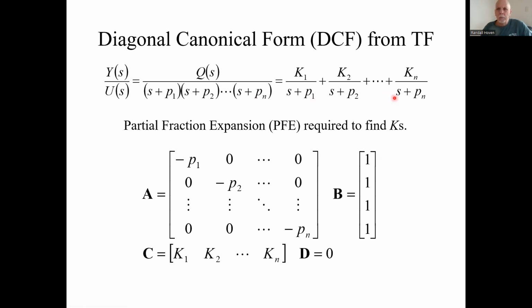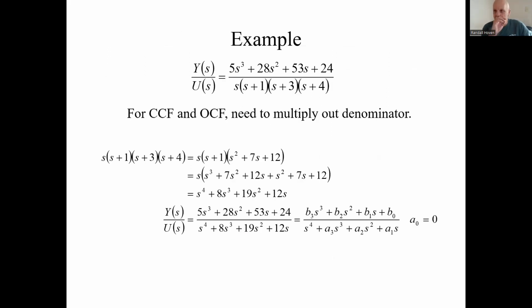So once you do the partial fraction expansion, it's easy to put it into diagonal canonical format. See, in diagonal format, the A is a diagonal matrix. All zeros in the upper and lower triangles means diagonal. If you're rusty on matrices, see my NMAT A course.